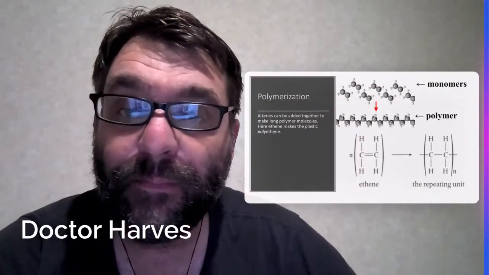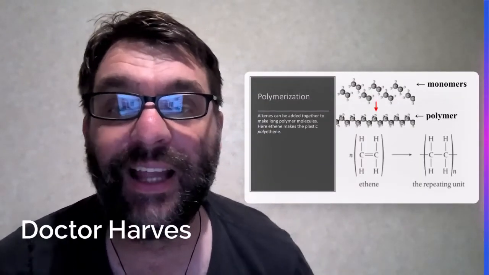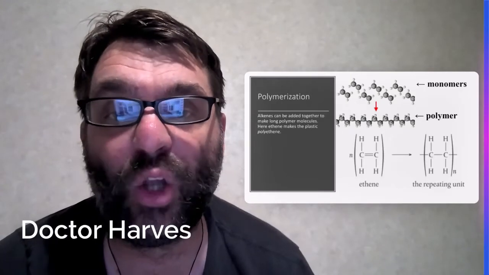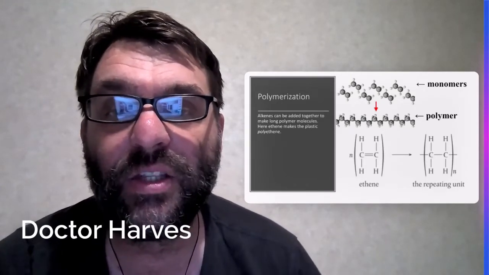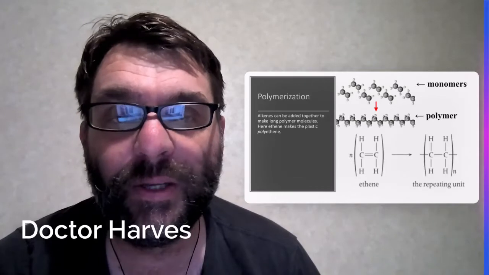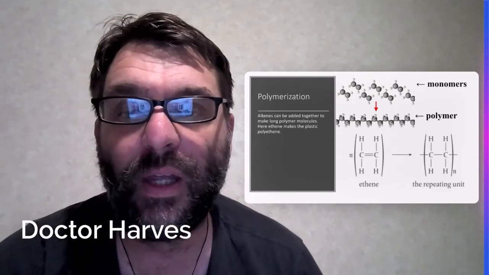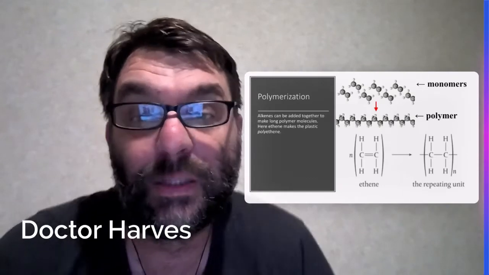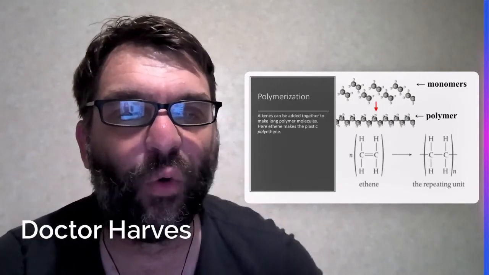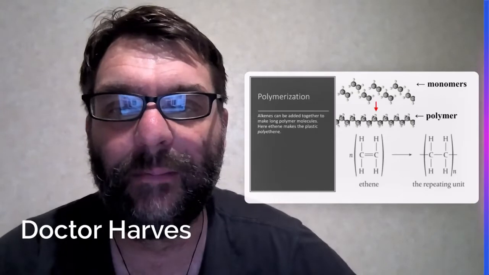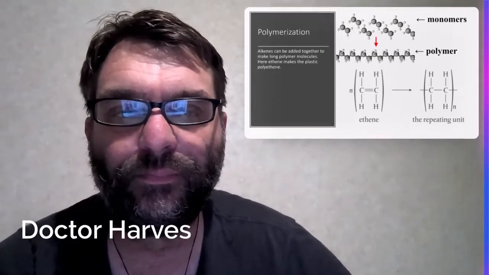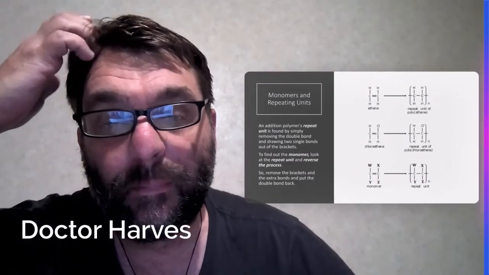Then we have polymers. Okay, so alkenes can react to form long chain polyalkenes known as polymers. So the monomers are going to be the alkene and the product will be known as the polymer. Okay, so ethene forms, for example, polyethene in the form of a repeating unit. So monomers and repeating units.